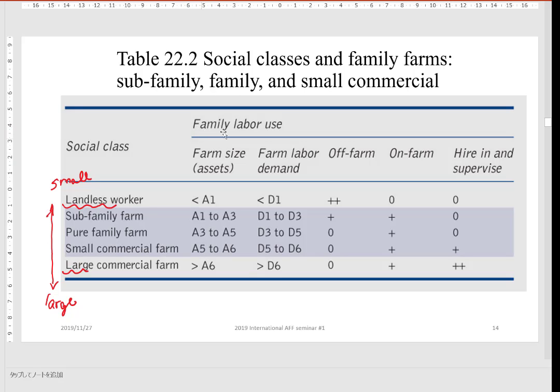Now, regarding family labor use, although it is not specifically stated how many household members there are, roughly speaking, landless workers have a small farm size, whereas a large commercial farm has a relatively large farm and a relatively large family labor.